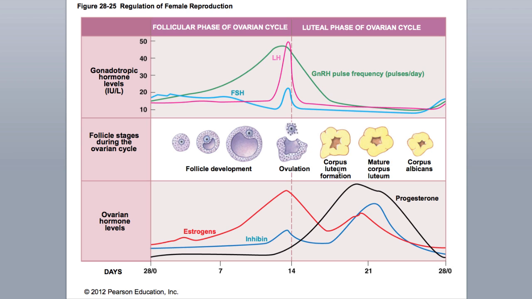Also, we mentioned corpus luteum, which will take place after day 14. And notice it'll go from day 14 very, very close to day 28. And you can see that progesterone is at the highest right when we have our corpus luteum. Okay. By the time we have corpus albicans, we see our menses starting to form.